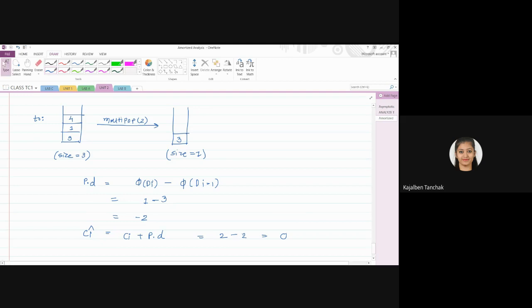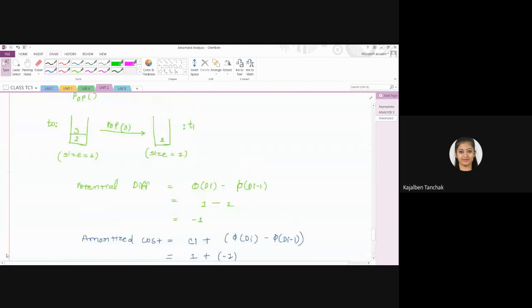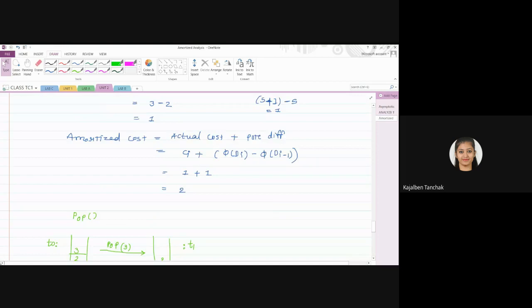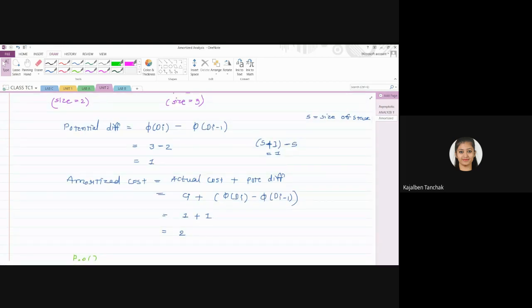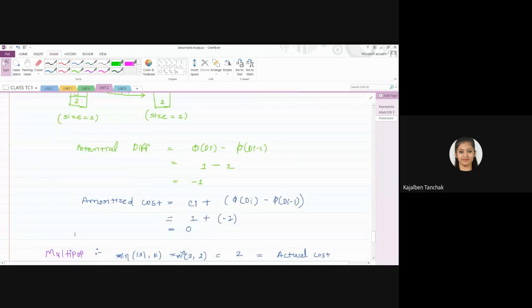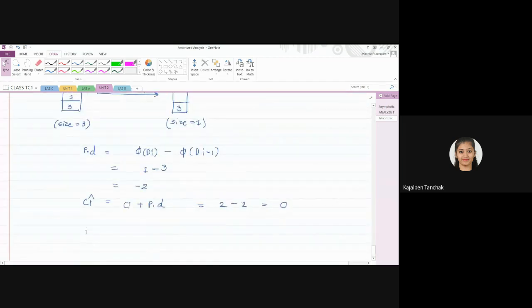So this is how the potential method works, which depends on the size of the stack. We have tried to prove that the assumption we made in the accounting method is completely true. This is a theoretical topic in which research is going on, so it will take time to understand, but I hope you understand very clearly.